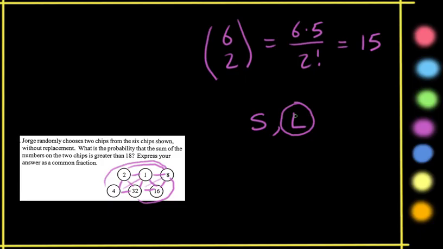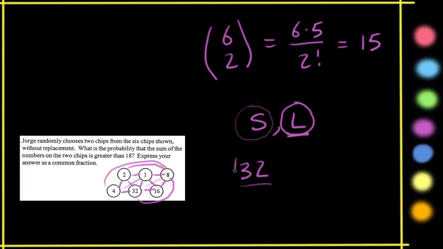And in how many of those cases, for each choice of the larger one, what smaller numbers can I pick that will make the sum greater than 18? So let's just start with the biggest large number. The biggest large number is 32. And if I pick 32, I could pick any one of these 5 others in order to have a pair that's greater than 18, because 32 already is greater than 18.